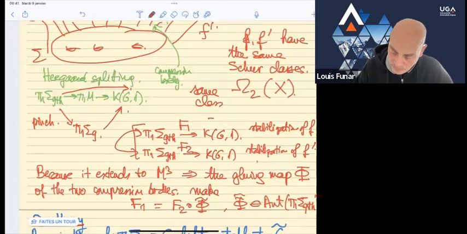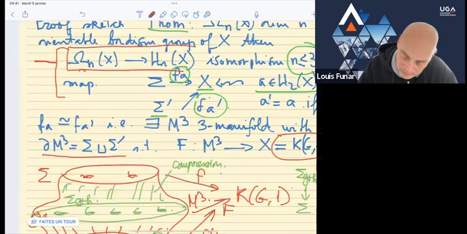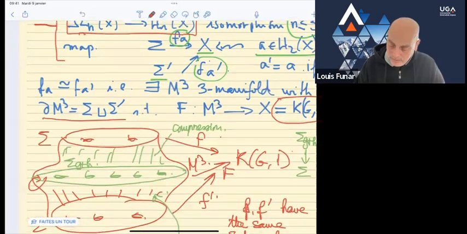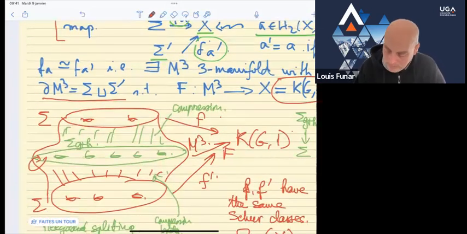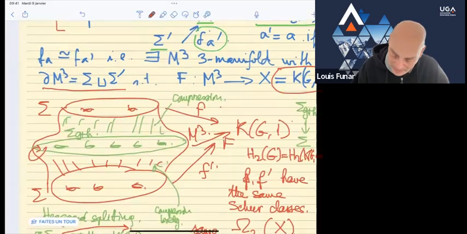But essentially, this is a proof that because of this theorem by Thom, saying that the bordism group of X is naturally, canonically isomorphic to Hn of X in small dimensions, every homology class, for instance in H2 of G, which is the same as H2 of the space KG1, can be represented by a surface map into this classifying space, and then you extend it to the free manifold M3.